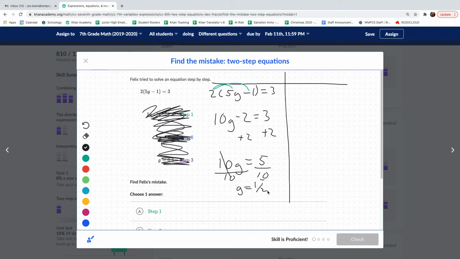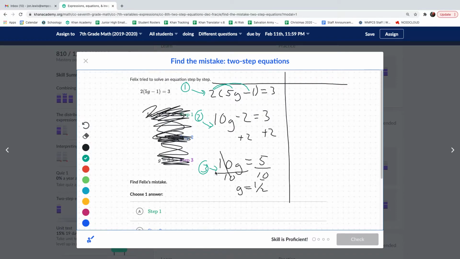So going back over this method, first we did step 1, using the distributive property. Step 2, we got rid of the minus 2 by adding 2. And then step 3, our final step, happened to be division.